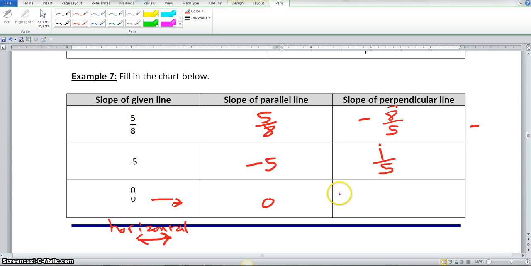So what I will write, well, let me see if I could get this in here before it shifts. Okay, so it's undefined. And we also know that forms a vertical line. And also we know that that line will be vertical, as we showed here. Okay, so this is the final answer, and this is the end of section 1.3.